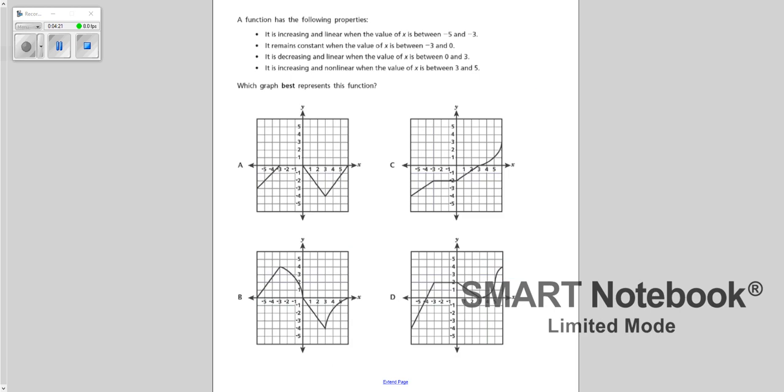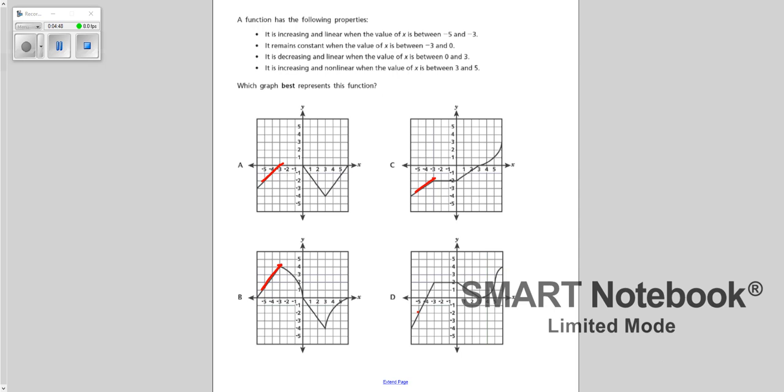Okay, so you just have to pick the graph that goes with it. So the first thing says it's increasing and linear between -5 and -3. So in graph A, between -5 and -3, definitely increasing, definitely linear. In graph B, definitely increasing, definitely linear. In graph C, same thing.